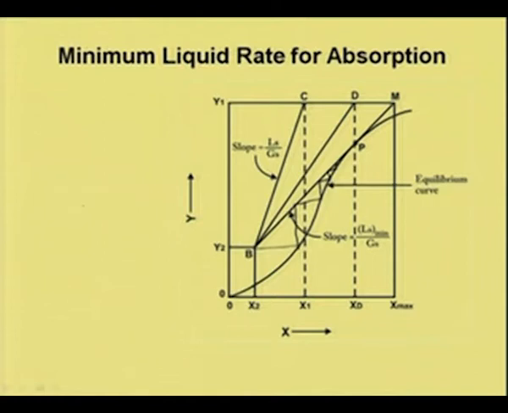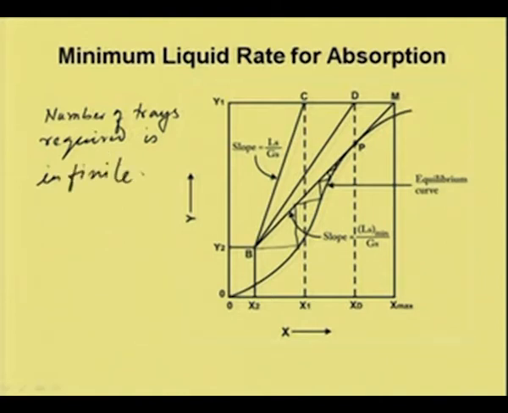So at the minimum liquid rate, where it touches the equilibrium line, the number of trays required is infinite. Theoretically, it is not possible to operate an absorber with an infinite number of trays, so we cannot operate the absorber at the minimum liquid rate.